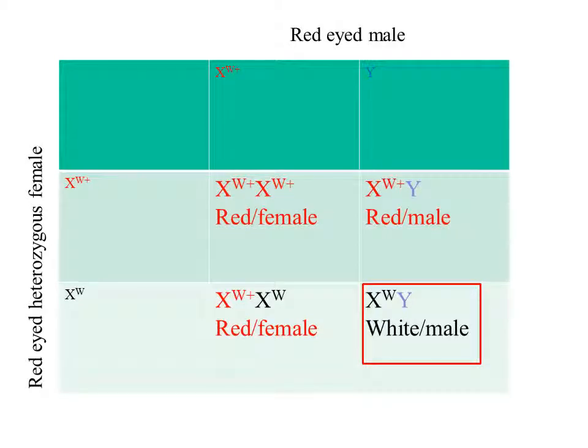To get 1/4 mutant, you would have to cross a red-eyed male with a red-eyed heterozygous female. In this case, you would get 1 mutant, and the mutant would be male.